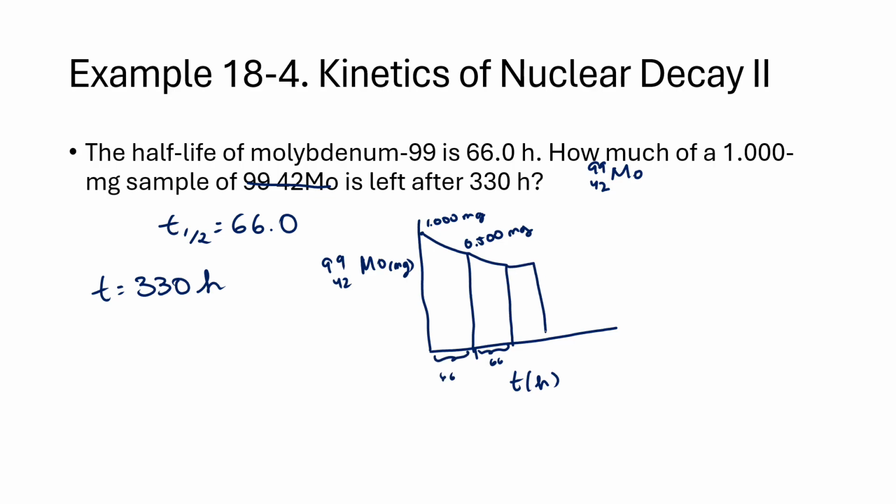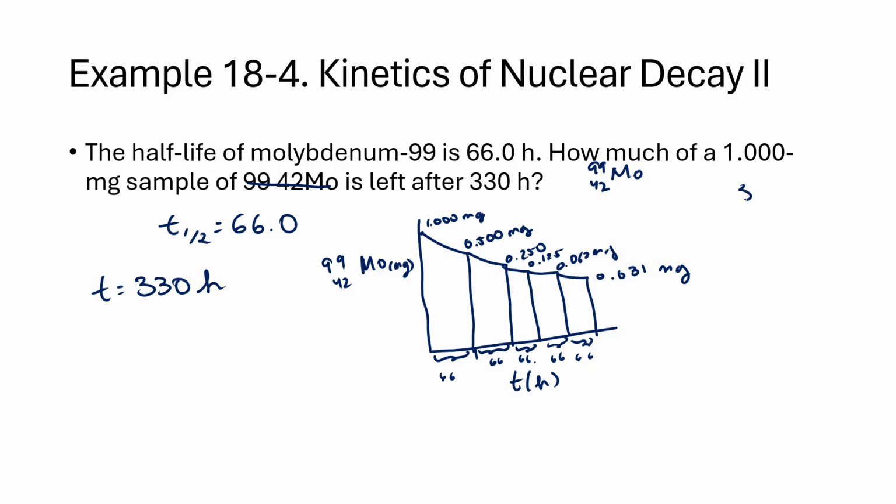2, 3. Let me just slope it down a little more. That is after 3 half-lives. 4. This is 5. Each step is 66 hours. So this becomes 0.250, 0.125, 0.062 milligrams, and 0.031 milligrams.